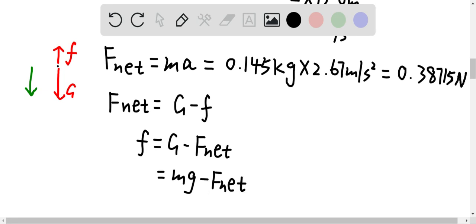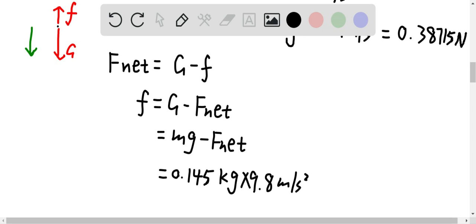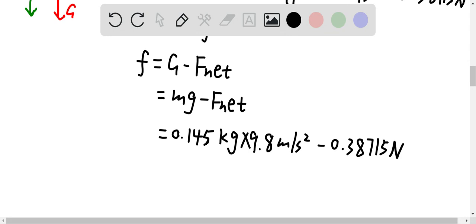If we plug in the values, we'll have 0.145 kilograms times the acceleration of gravity, which is 9.8 meters per second squared, minus 0.38715 newtons. And this will give us the force of air resistance of about 1.03 newtons. And this is the answer for the question.